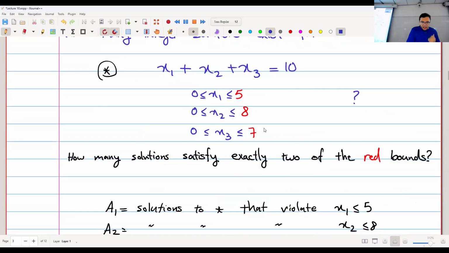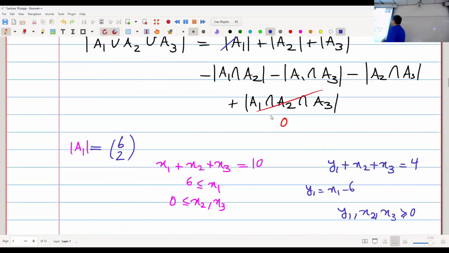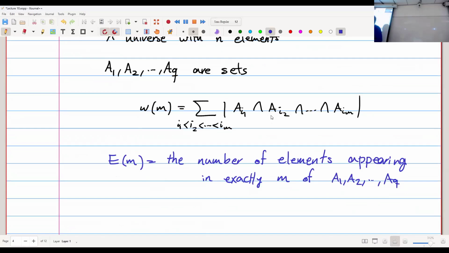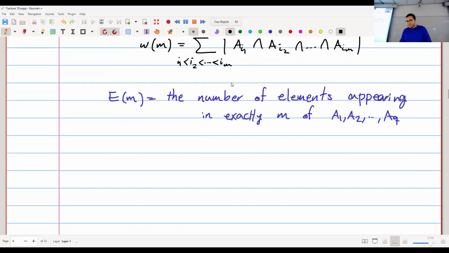Okay, how do I find this? How do I find the number of items that are in exactly m of my sets? Now, the book just gives you a formula and then proves it. But I want to give you some intuition for where this formula came from. So let's say I want em.